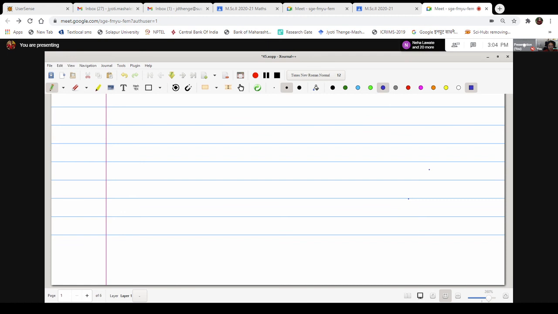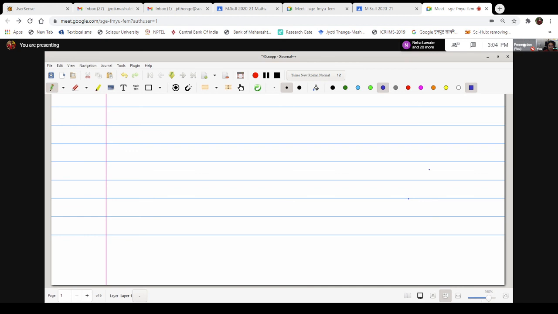Now again we will use the parallelogram law for these two vectors, x minus y naught and x minus z naught.